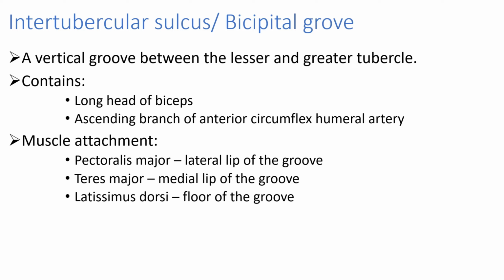So the groove has three parts: the lateral lip, the floor, and the medial lip. At the lateral lip we have the pectoralis major, at the medial lip the teres major, and at the floor the latissimus dorsi muscle.